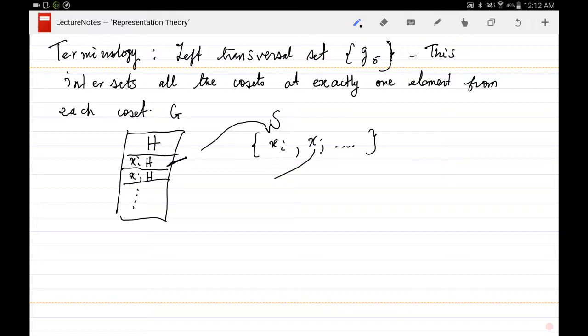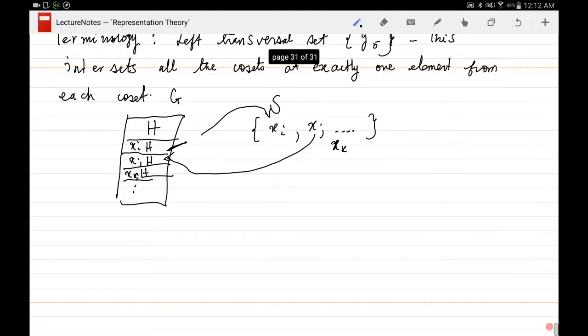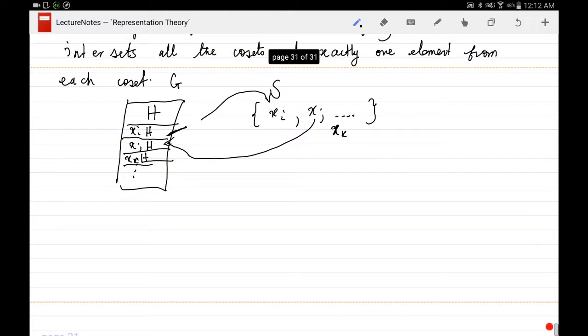Then xj comes from this coset, and there's no other element in S from this second coset. And then there'll be an element, let's say xk, that comes from another coset, xkH, and no other element comes from this coset apart from xk. Okay, so this left transversal set will be very important.